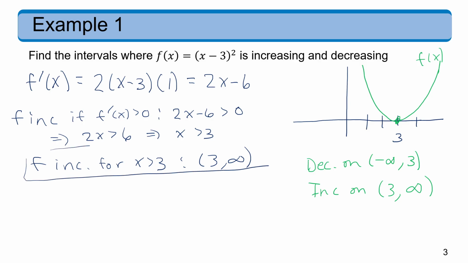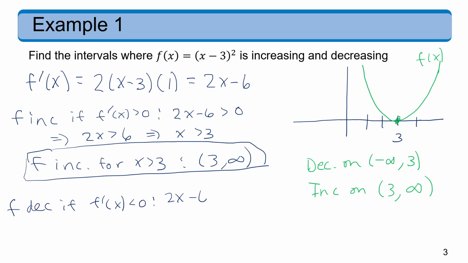Okay, now let's look at where it's decreasing. So we know f is decreasing whenever the derivative is negative. So we're going to take our formula for f prime, and this time we set it less than 0 and solve for x. So we add 6, divide by 2, we get x less than 3.